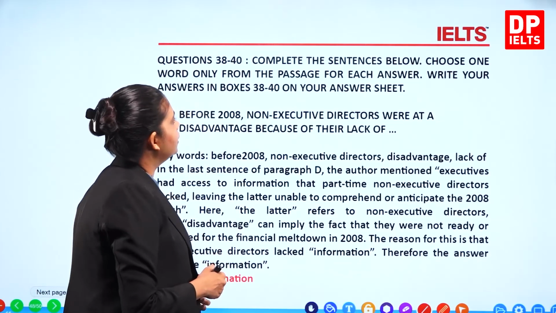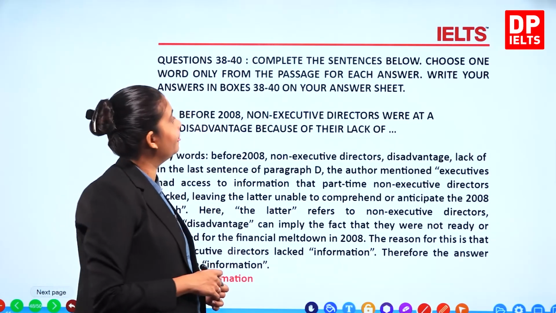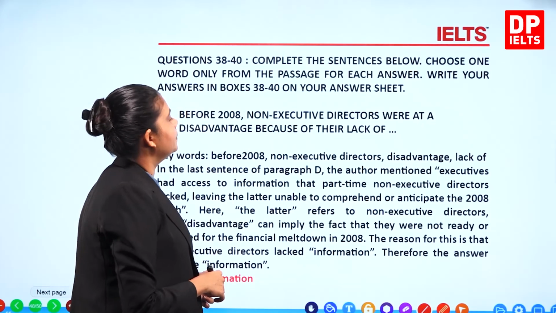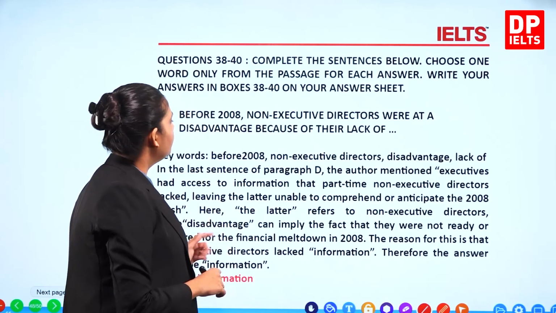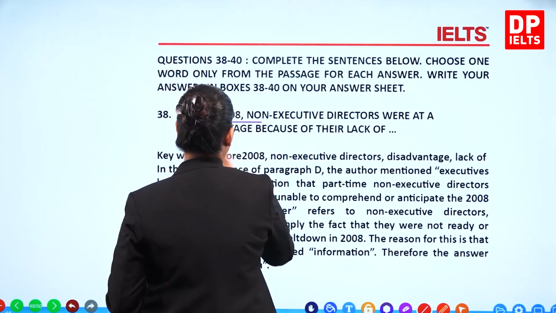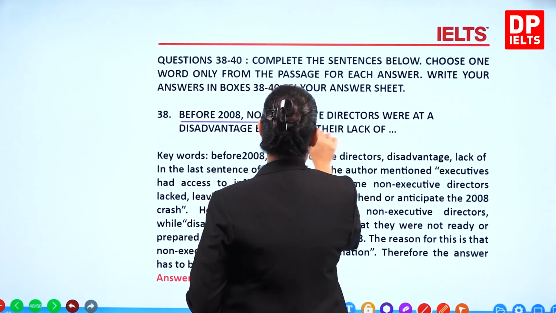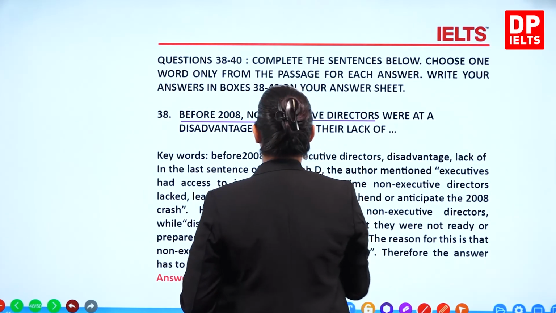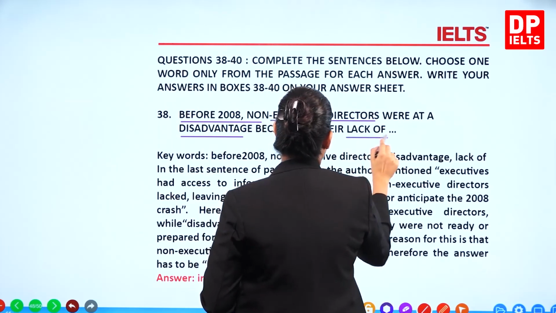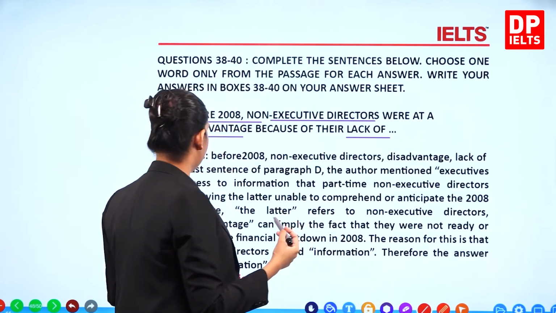Questions number 38 to 40. Complete the sentences below. Choose one word from the passage. Before 2008, non-executive directors were at a disadvantage because of their lack of what? Okay.